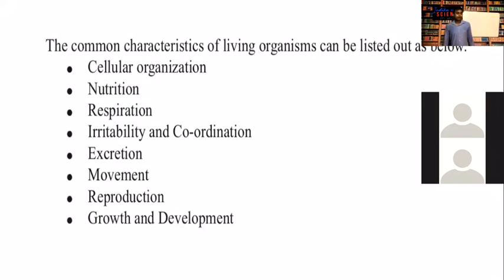First of all, I am going to discuss the main characteristics. Throughout this unit, we are going to discuss each and every characteristic in detail. Here is just an introduction of the main characteristics. More details we are going to discuss later on.